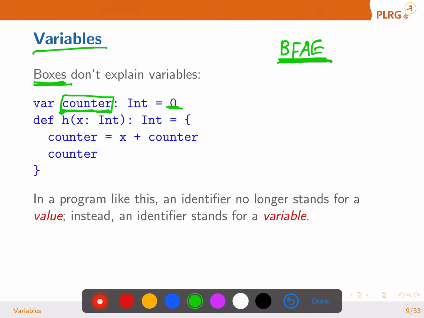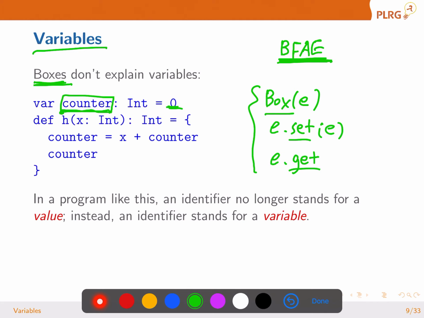Are you with me? Our three language constructs, right? That box E and E dot set E and E dot get, they are just values. They make address values and they just use them as values. They do not change the value of variables.